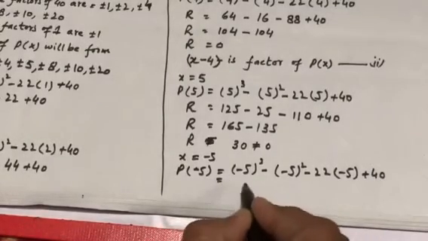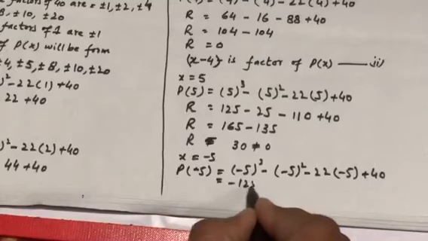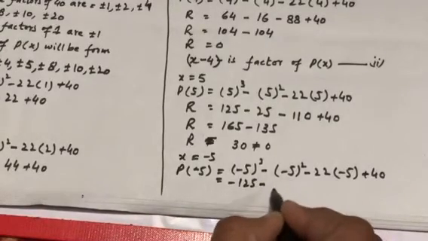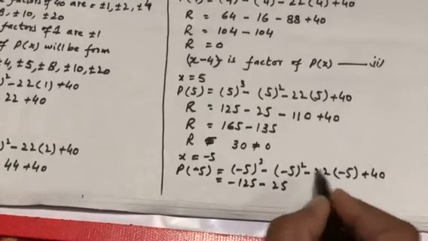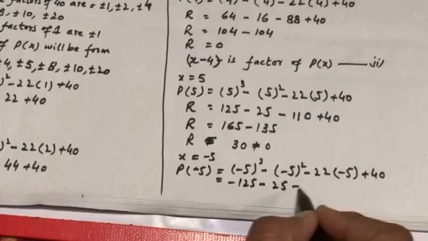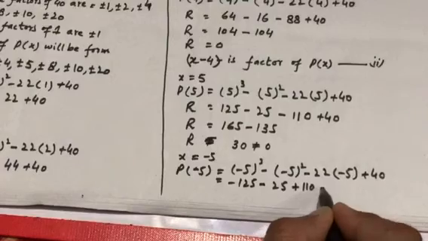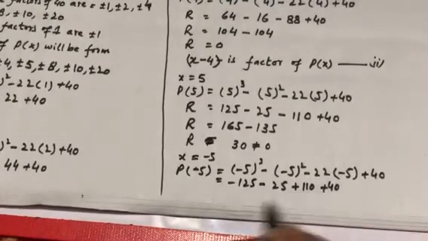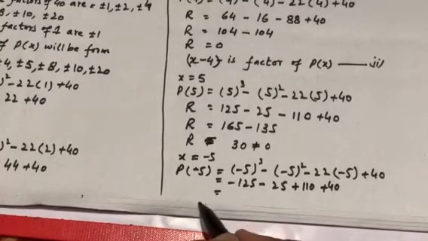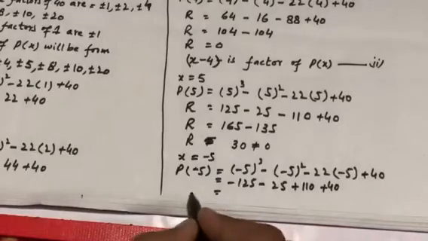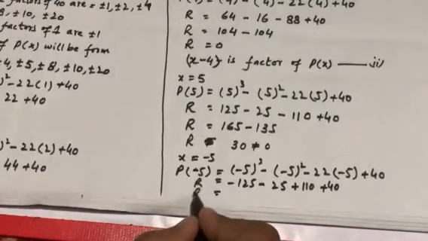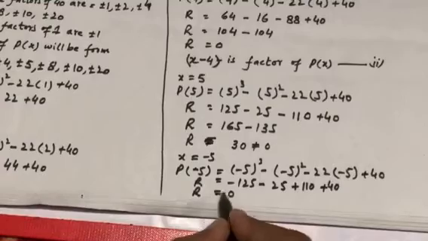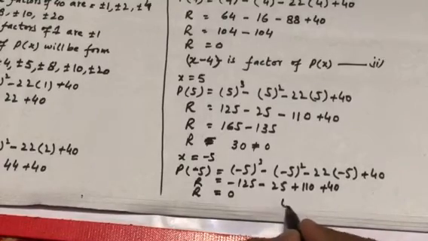So by simplifying, it becomes minus 125, and it becomes 25, and by multiplying minus 22 by minus 5, it becomes plus 110 and plus 40. If we simplify all these numbers, then the remainder is equal to 0.